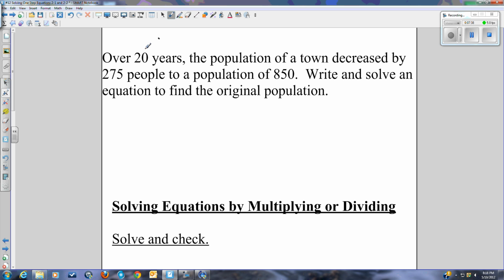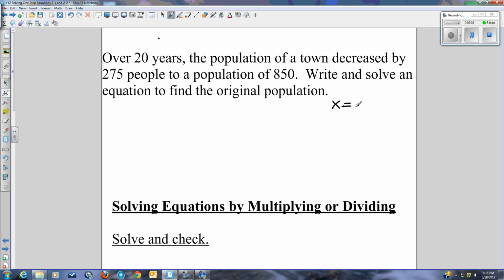And now we're going to move on to the next problem, this word problem. Over 20 years, the population of a town decreased by 275 people to a population of 850. Write and solve an equation to find the original population. Let's think about it. We want to know what the original population is.